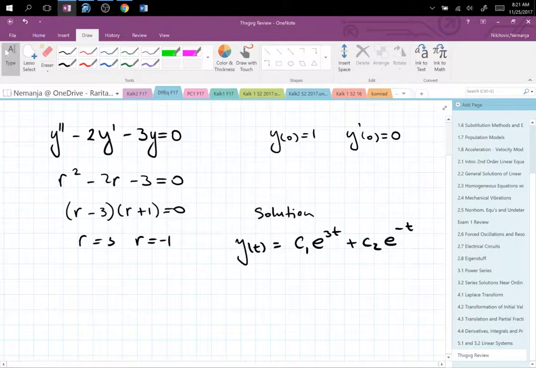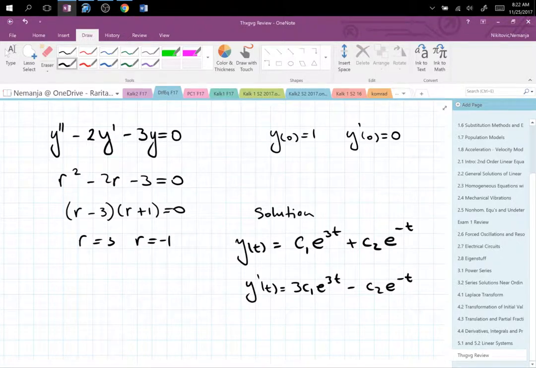Then we can take our solution and find y prime of t as 3c1 e to the 3t minus c2 e to the negative t. Plug initial conditions in and figure out c1 and c2.